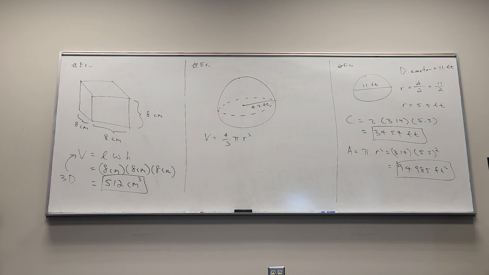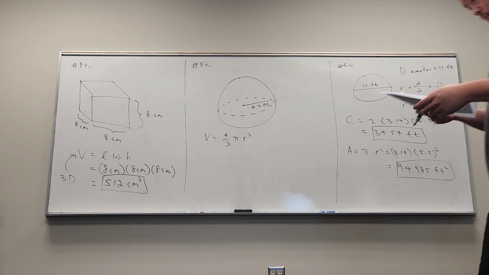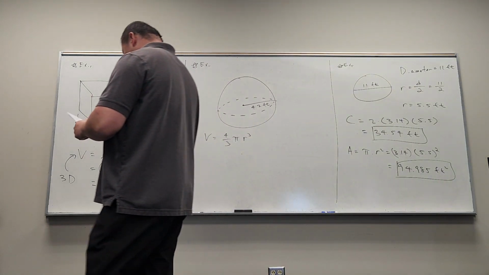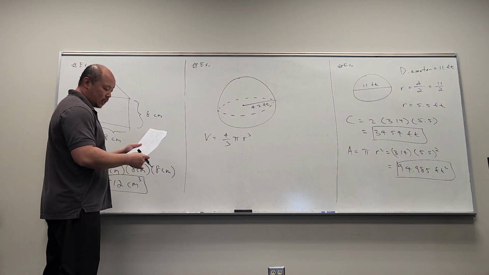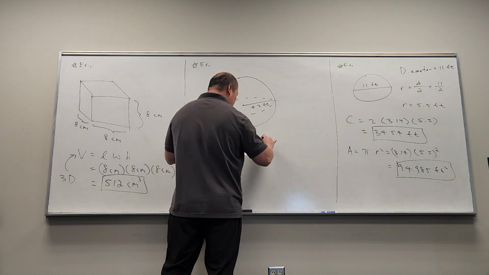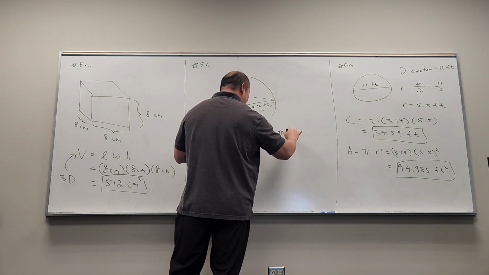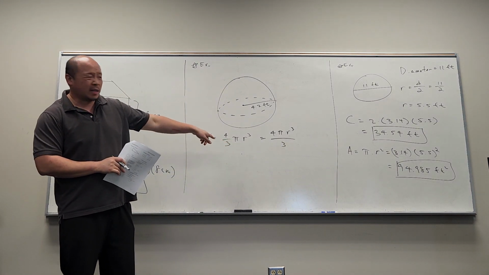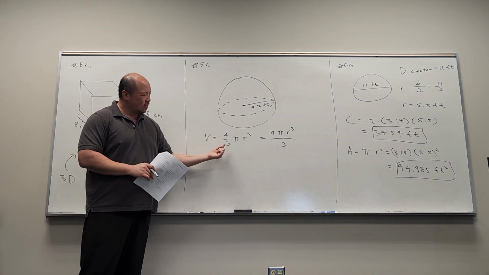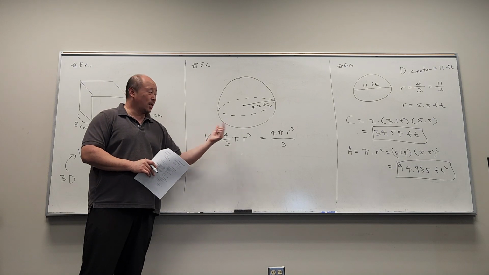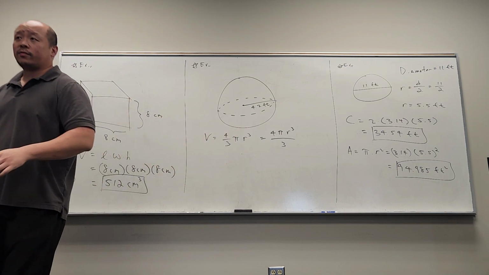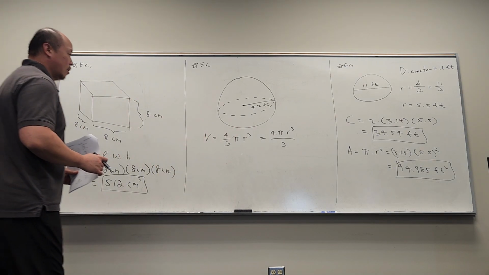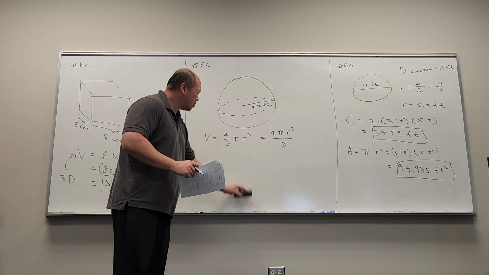On your formula sheet it says 4 pi radius to the third power over 3. This is the same thing. I just write that 4/3 on the side, but they put it together. Doesn't matter either way. I guess we'll stick with this one.